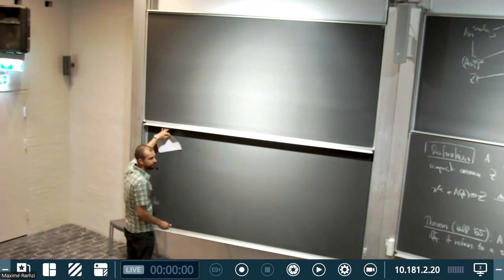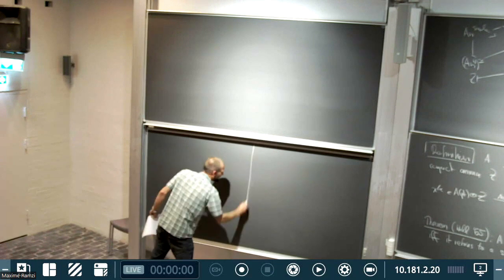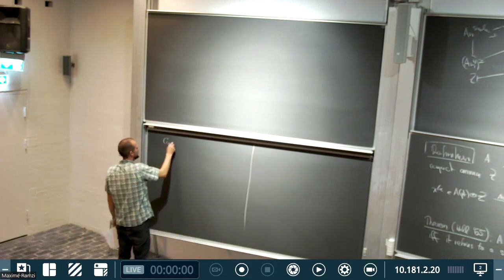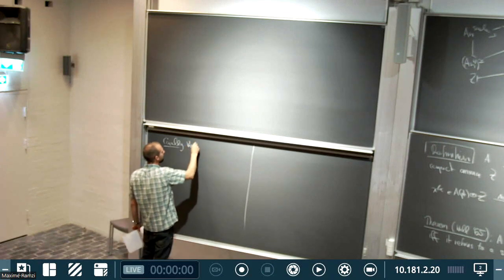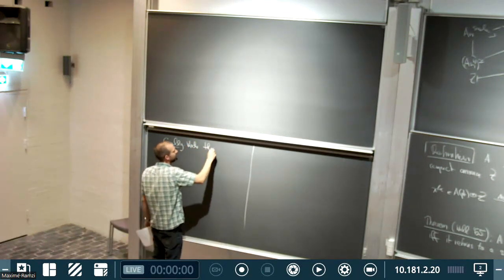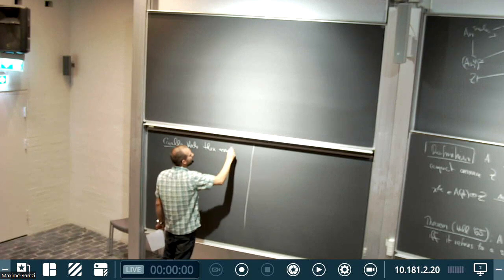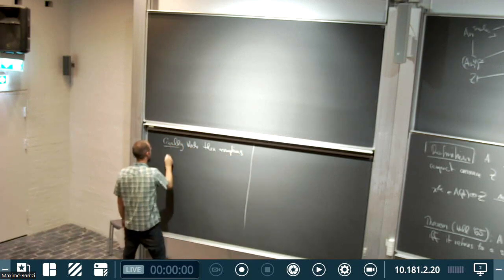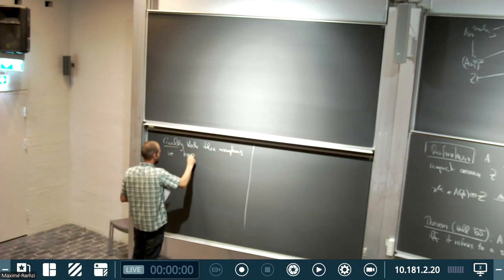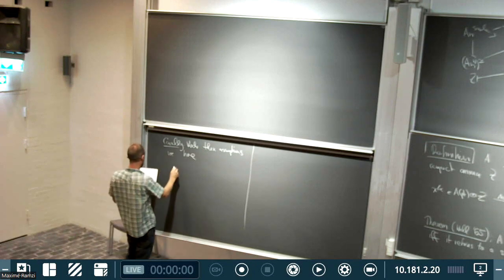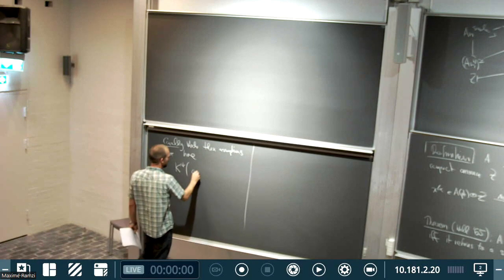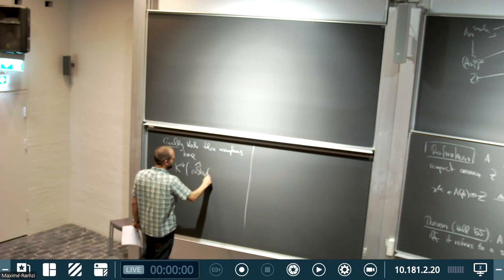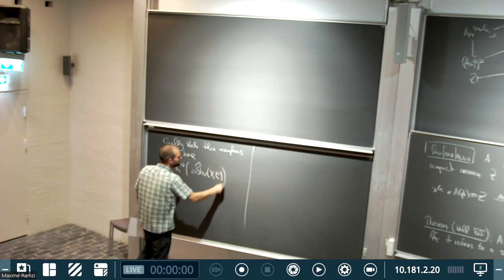And what is a corollary? Corollary, under these assumptions, we have that the continuous K-theory of this category, co-sheaves X with values in C, is computed as follows.